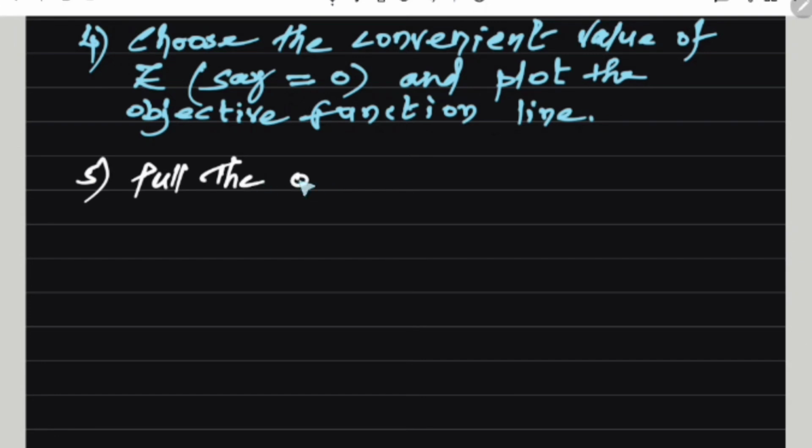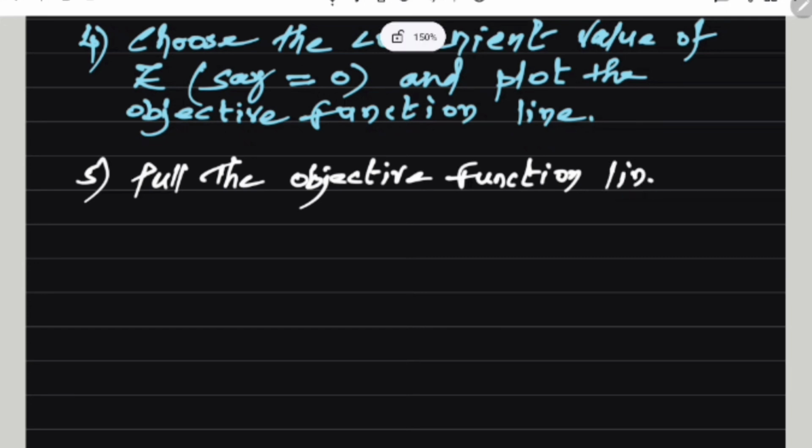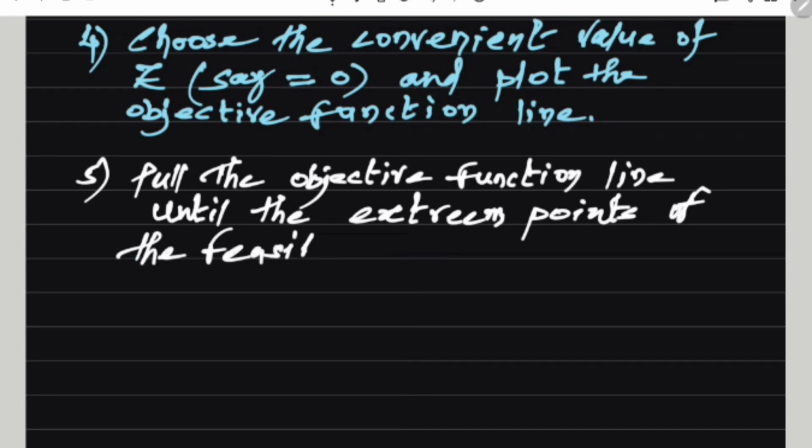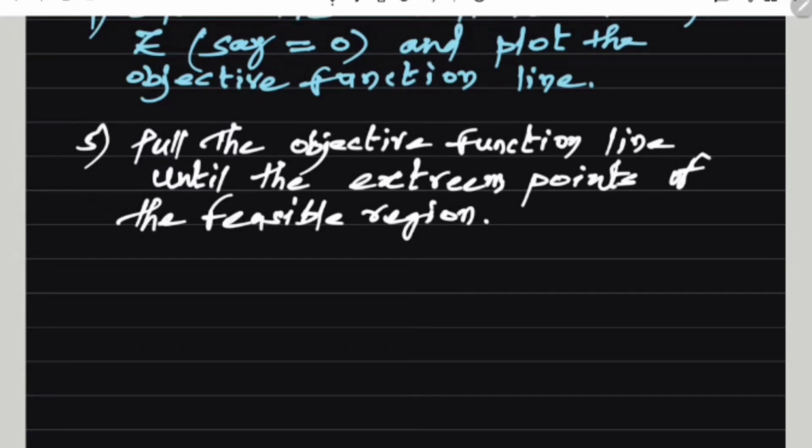Step number 5, pull this objective function line until the extreme point is obtained. Extreme point means maybe maximum or minimum, whatever. Extreme point of the feasible region.